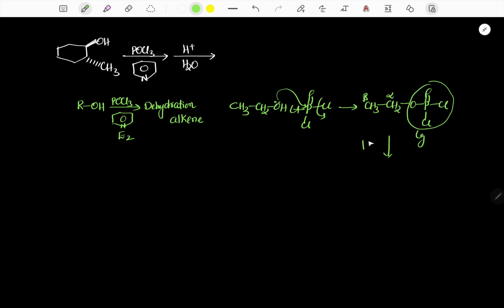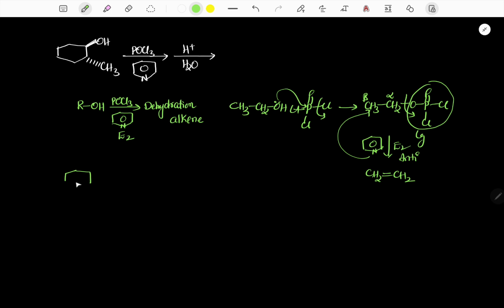Now pyridine acts as a base. Through the E2 mechanism, the base removes the proton, the leaving group leaves, and finally it gives the corresponding alkene. So this is the dehydration mechanism, and the E2 mechanism is anti-elimination.